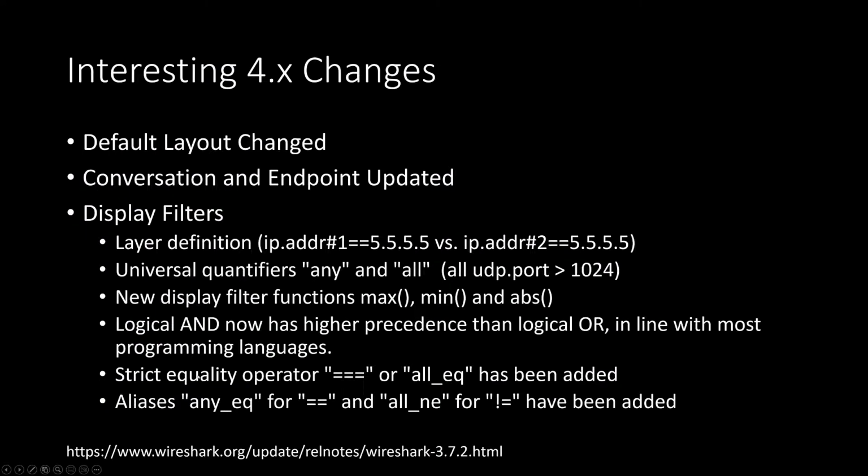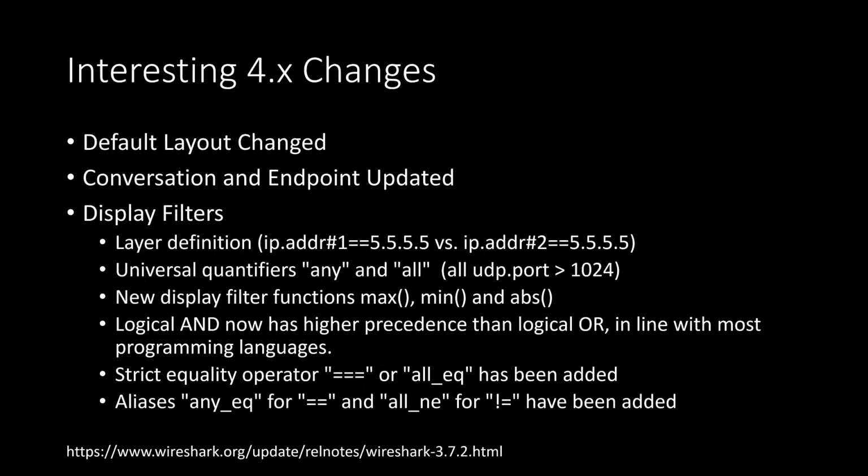There is a strict equality operator, and this is like using the all quantifier up above, where you basically would say something like ip.src =, 10.0.0.5.